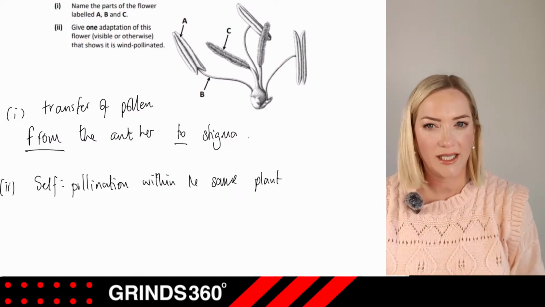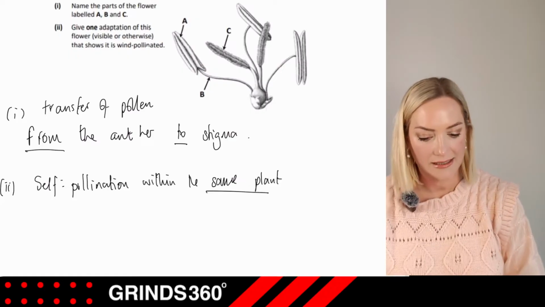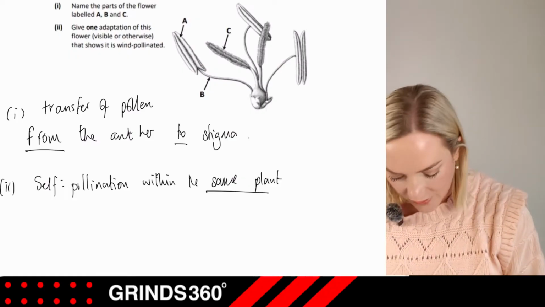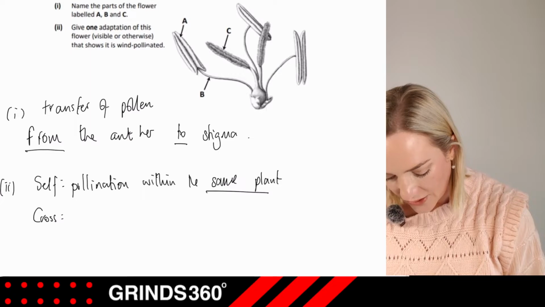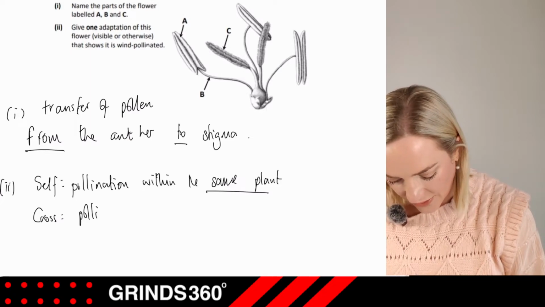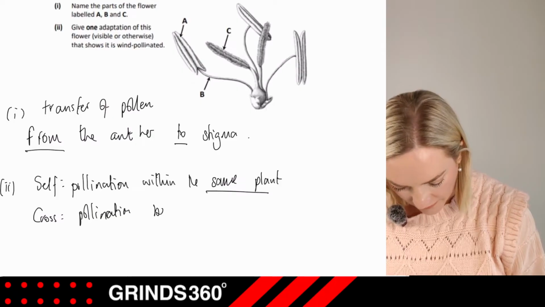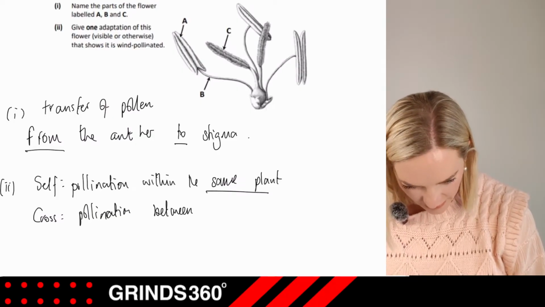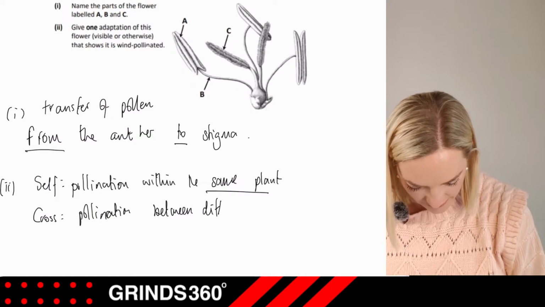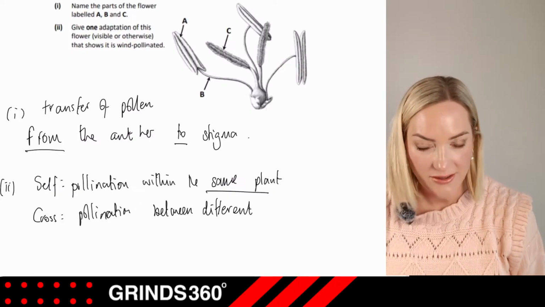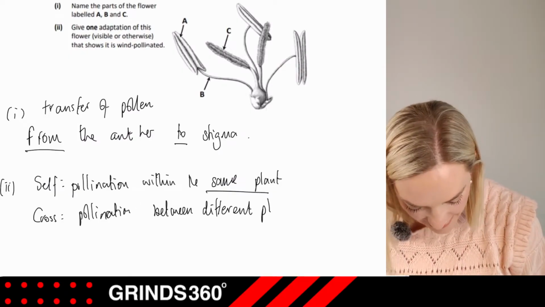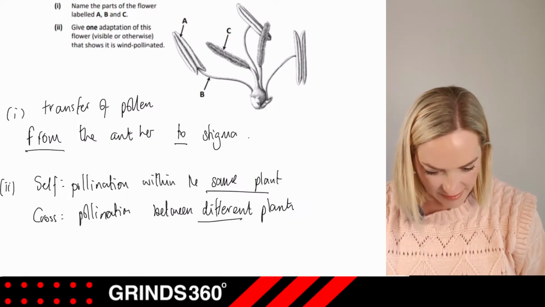What we were looking for here was same plant. And then cross-pollination is pollination between different plants. What we were looking for there was different.